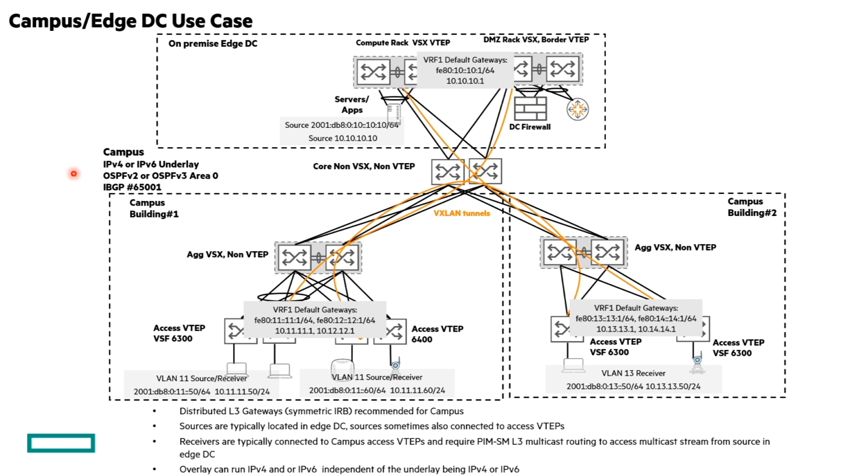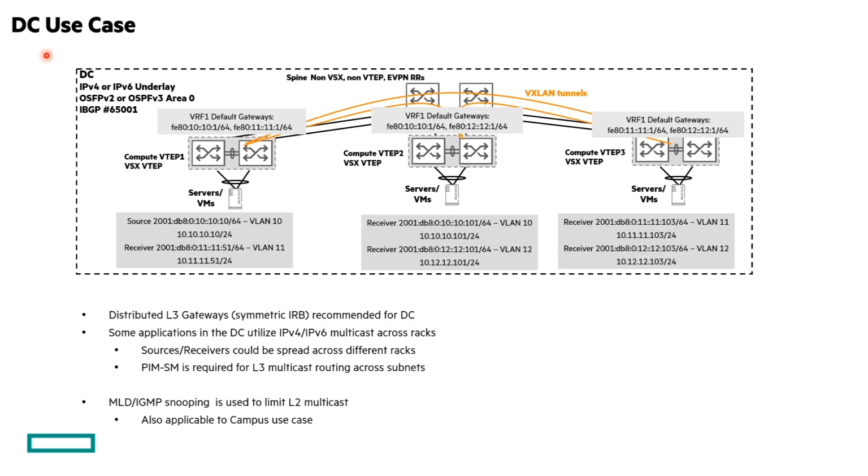So, as we have stated here, we can have IPv4 or IPv6 in the underlay, and if we're using that, then we're running OSPF version 2 if we're running IPv4, or if we're running IPv6 in the underlay, we're running OSPFv3, and then for control plane we're using IBGP. So next we have a DC use case.